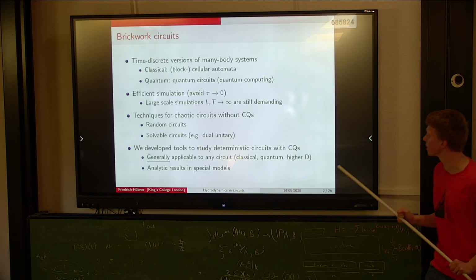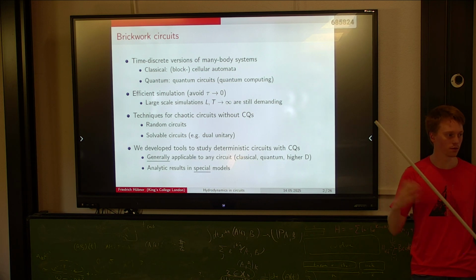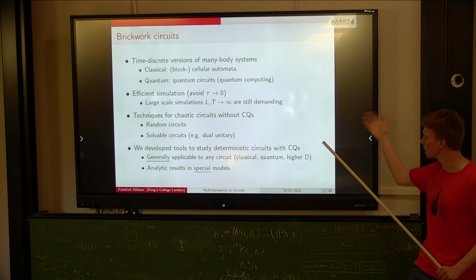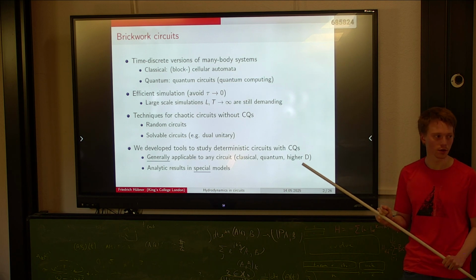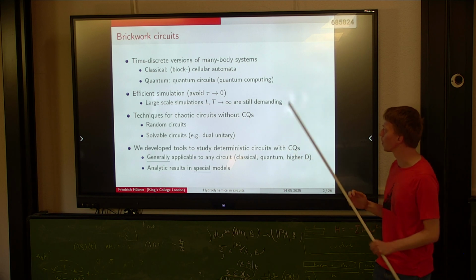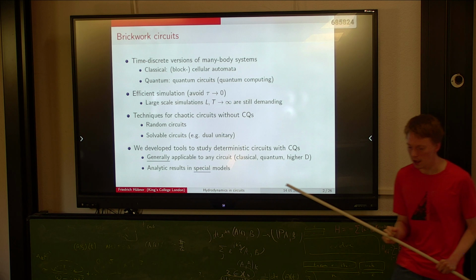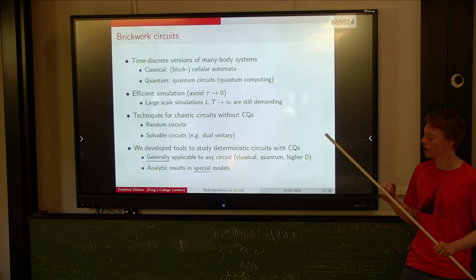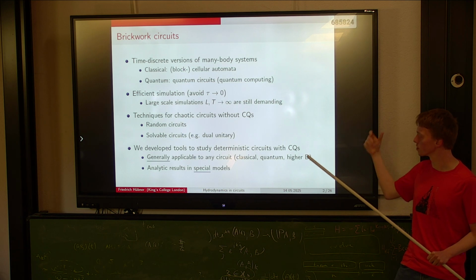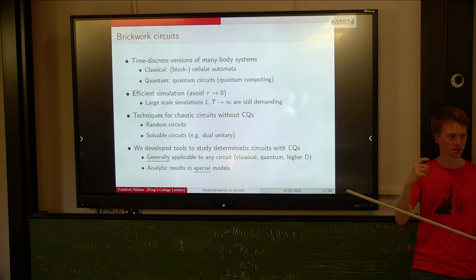These kinds of systems can be thought of as time-discrete versions of many-body systems. They exist in classical systems, where they are also called automata, and in quantum they are called quantum circuits, which are very important for quantum computing and so on. The nice thing about circuits is that they are very efficient to simulate on a computer, because you don't need to take the time discretization to 0.